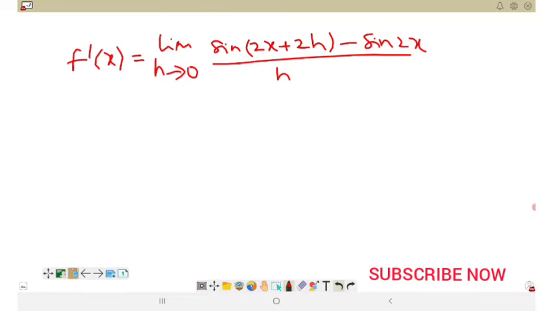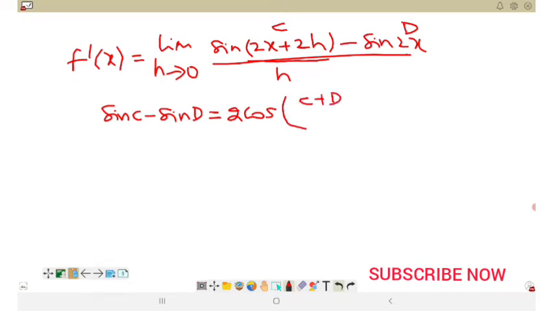So this is in the form of sine c minus sine d. Here c is equal to 2x plus 2h and d is equal to 2x. Sine c minus sine d formula: sine c minus sine d is equal to 2 cos of c plus d by 2 into sine of c minus d by 2.